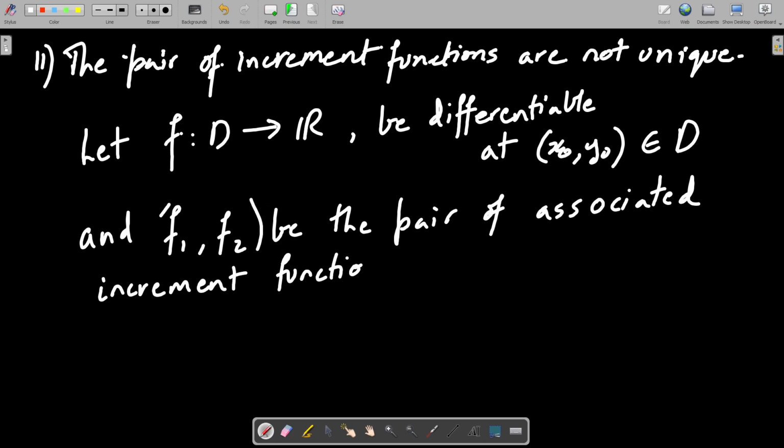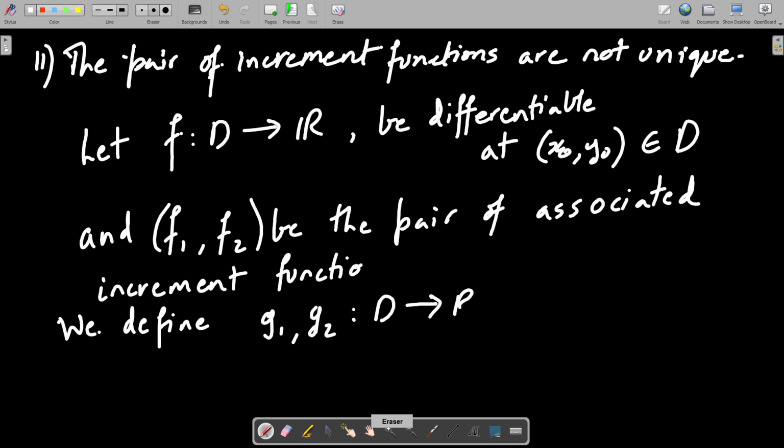Now we define g1, g2 from D to R as follows.